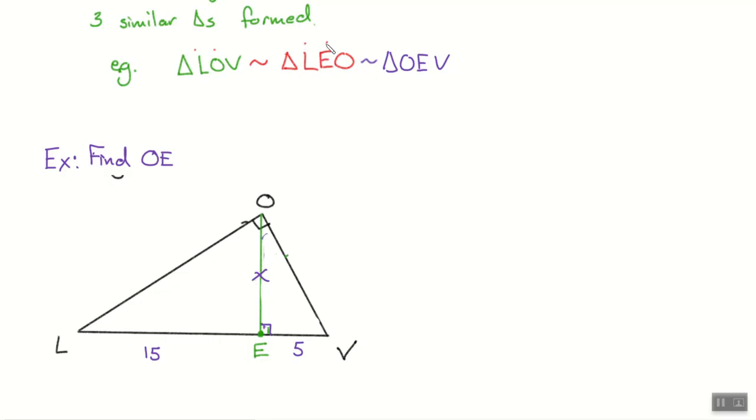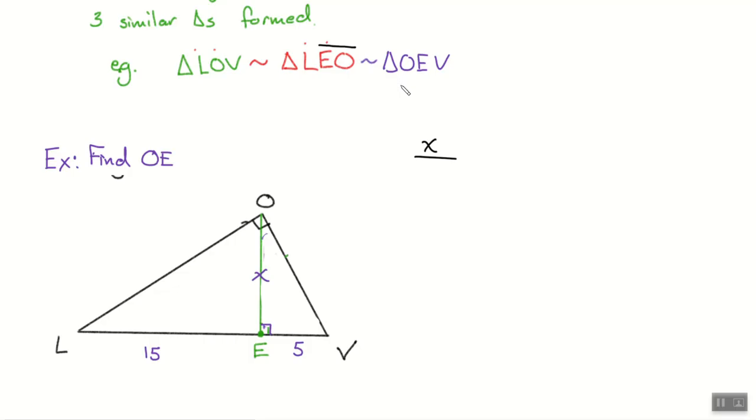If I want OE, and I'm just going to overline this, OE shows up here. So if I wanted a scale factor, I can say x, because that's what we called it, to, what would that correspond with on the other similar triangle? OE, or x, matches with what part of this triangle?